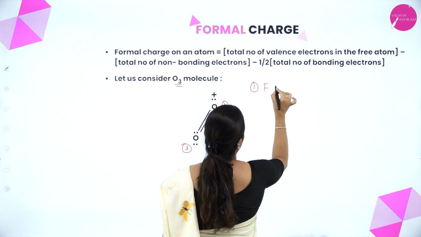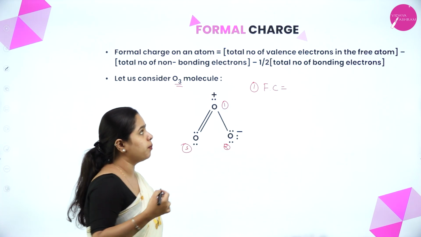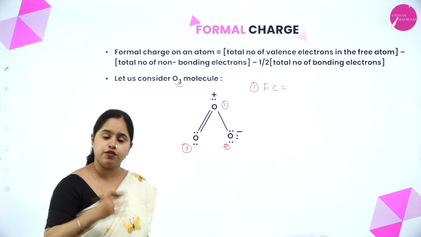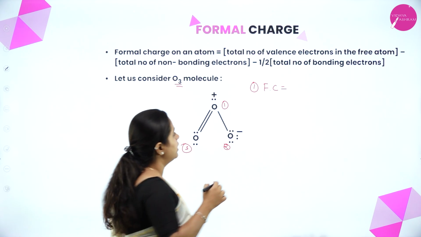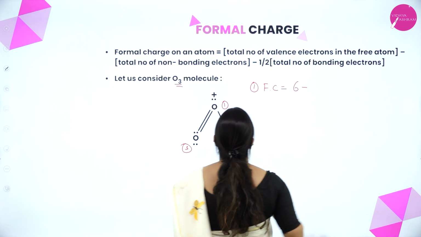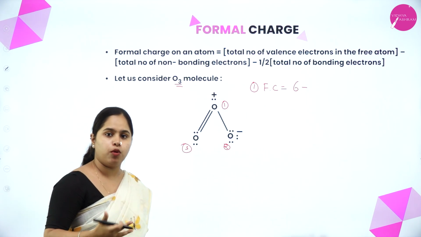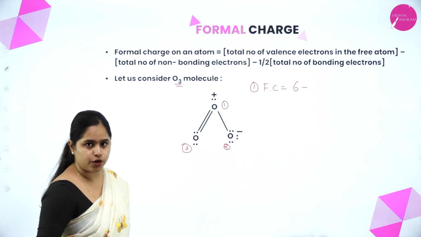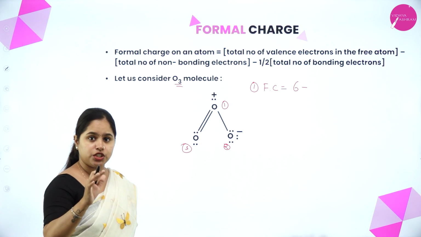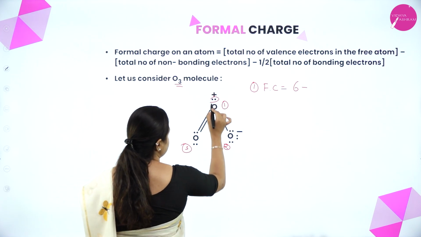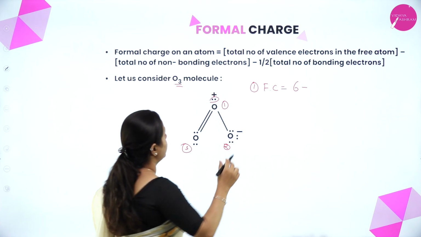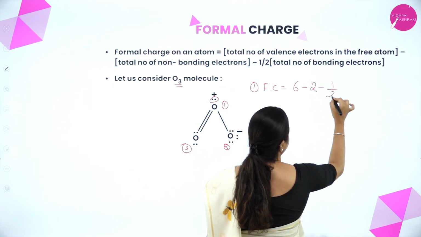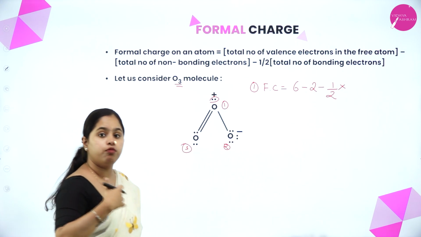Formal charge is equal to the total number of valence electrons in the free atom. For the oxygen atom, we know that in the free state there are 6 valence electrons, minus the total number of non-bonding electrons. In this particular oxygen atom, the lone pairs give 2 electrons. So that means 2, minus half of the total number of bonding electrons.